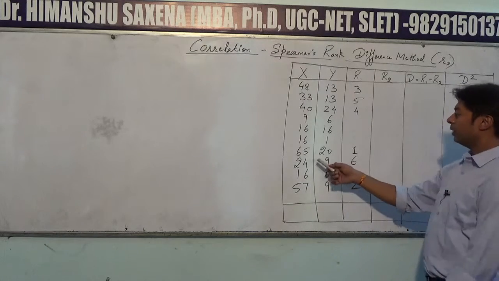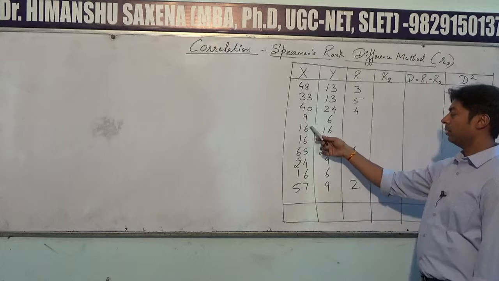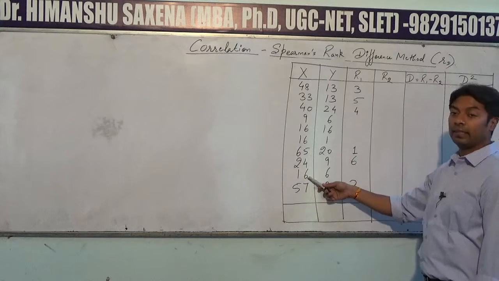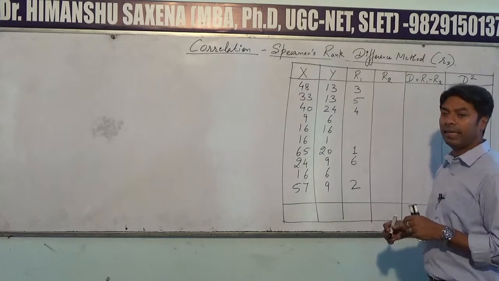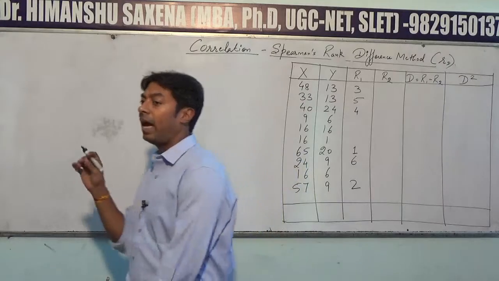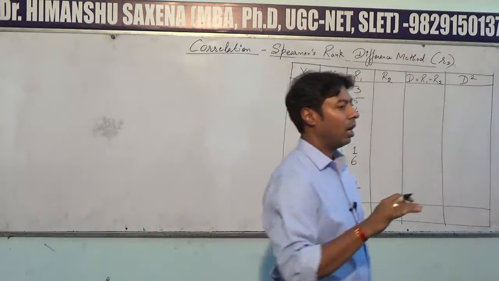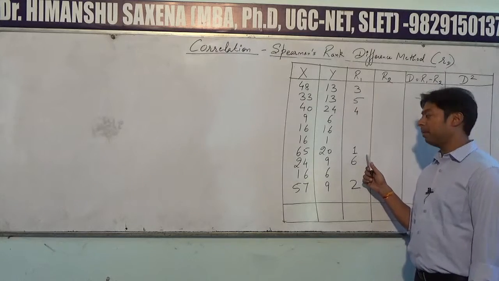And after 24, there are 3 numbers, 16, 16 and again 16. All these 3 numbers, the values are exactly the same. So when the numbers are the same, you will have to give average ranks. Now how will this average be given? We have assigned ranks up till 6.